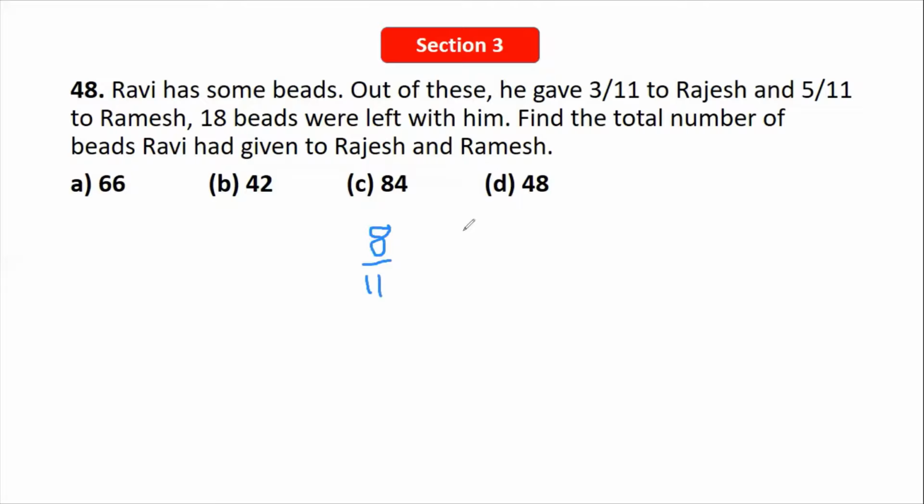He had 3/11 left with him because 11/11 minus 8/11 is 3/11. So 3/11 equals 18.